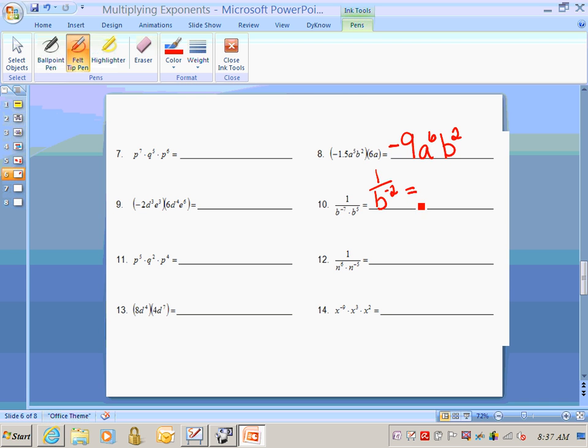Okay, so what do I need to do here? Flip it. The b's got to go up, right? So what am I going to have on top now? b to the second power. Just b squared, right? You can write 1 b squared, but that's the same thing as b squared.